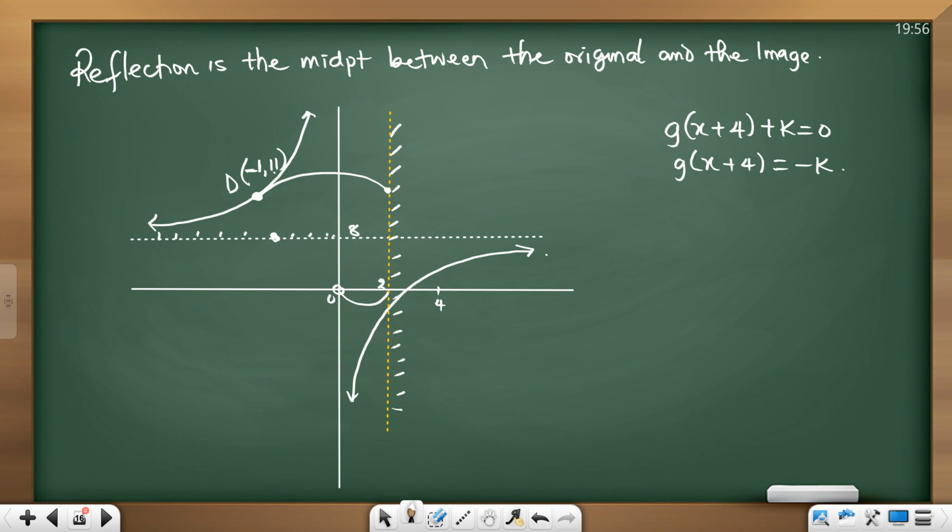And what? Line. Makes sense. But what happened to g of x? Where? To the left. What point do I know on g of x? I know point D. That's the only point of reference that we know.